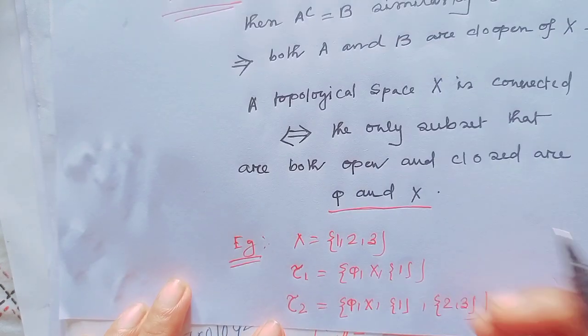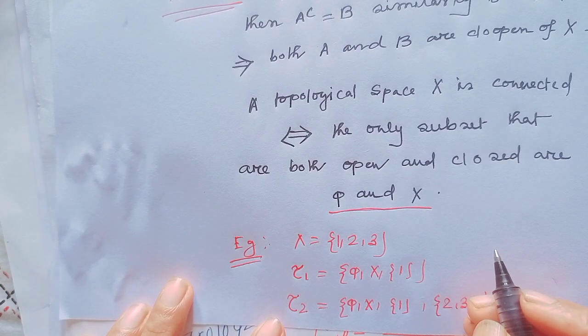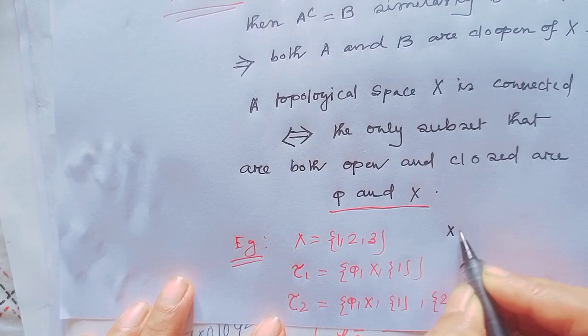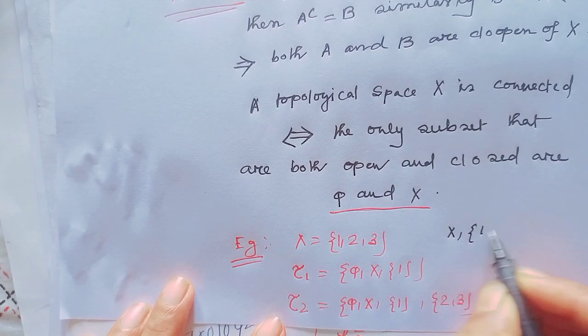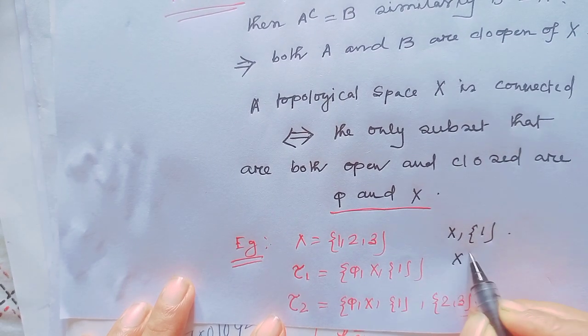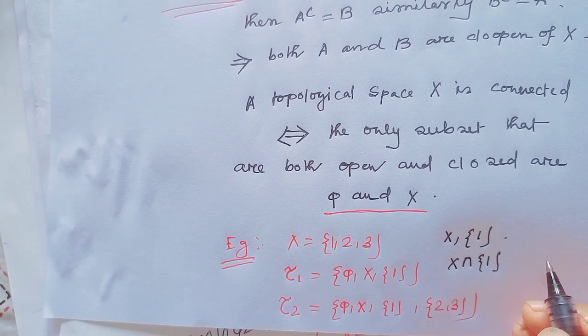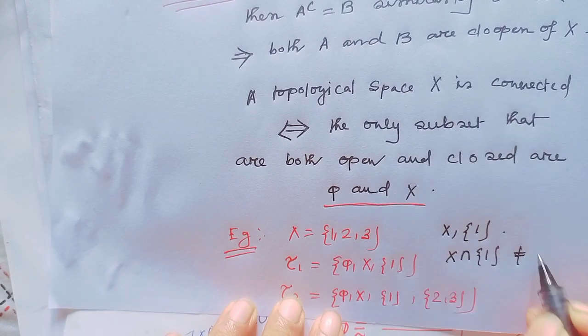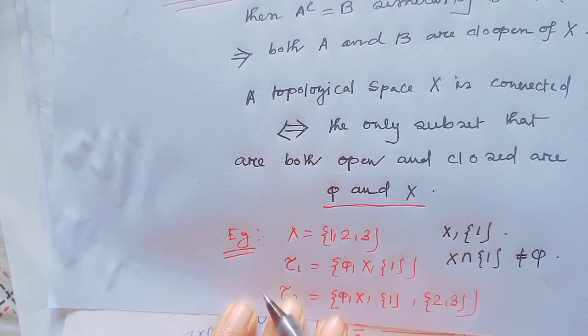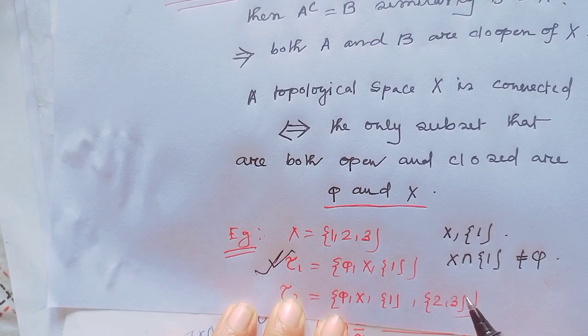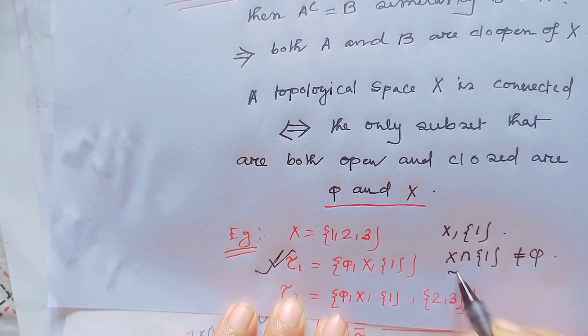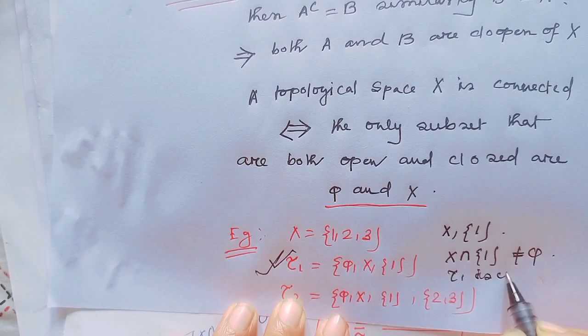Notice for tau 1, the non-empty open sets are X and {1}, and X intersection {1} is not equal to phi. So the topological space tau 1 is connected.